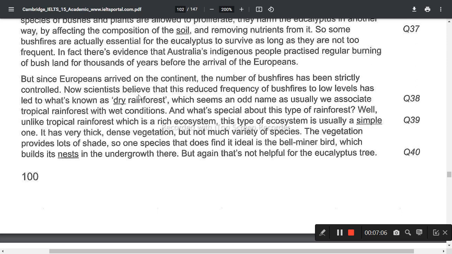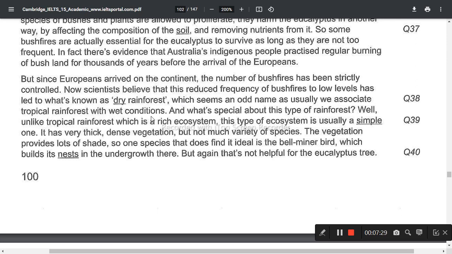Now, scientists believe that this reduced frequency of bushfires to low levels has led to what's known as dry rainforest, which seems an odd name, as usually we associate tropical rainforest with wet conditions.